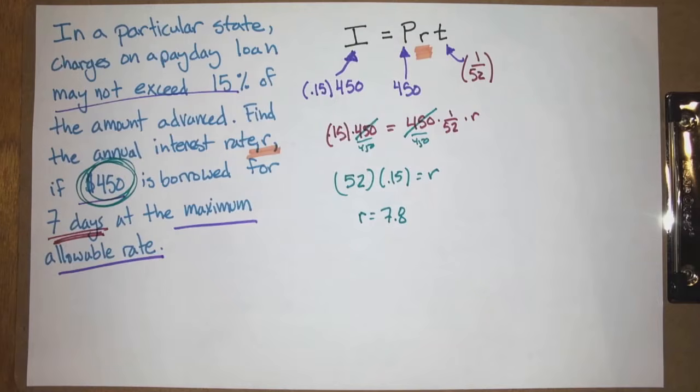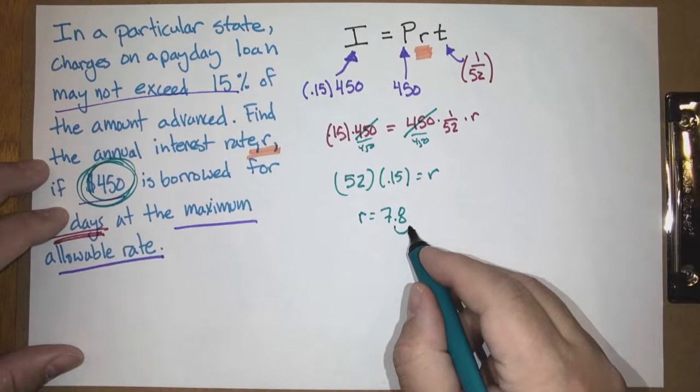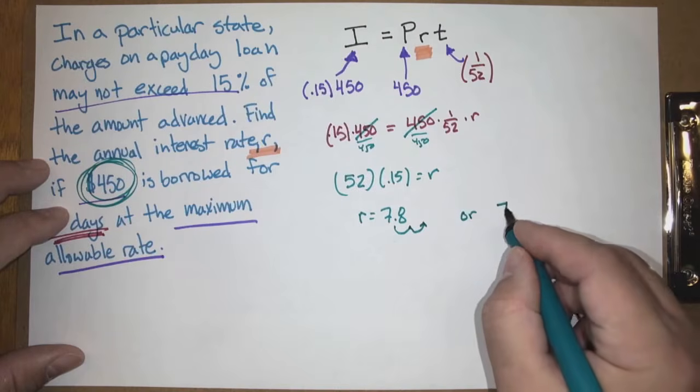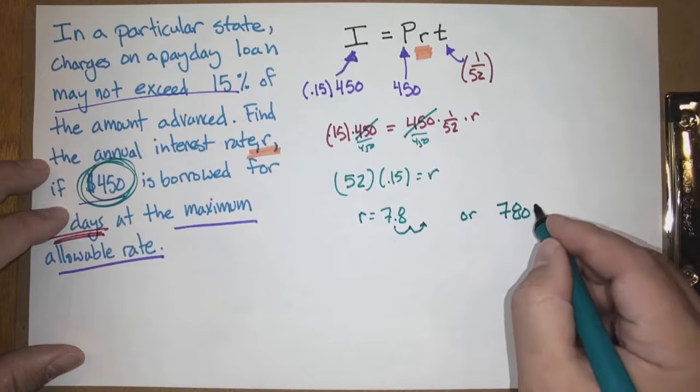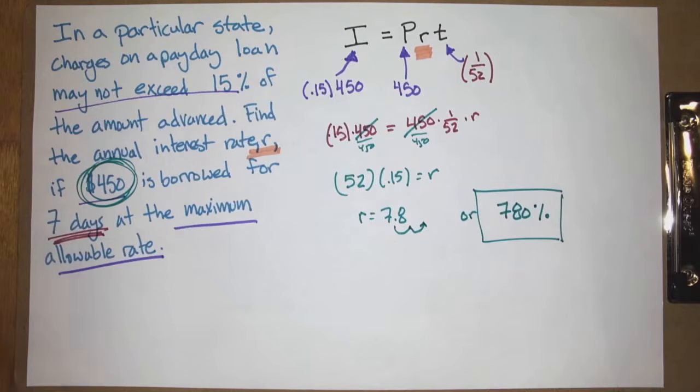How do we turn it into a percentage? Gotta move the decimal place over 2 spots. So this turns out, this loan, in terms of an annual percentage rate, you're being charged 780%.